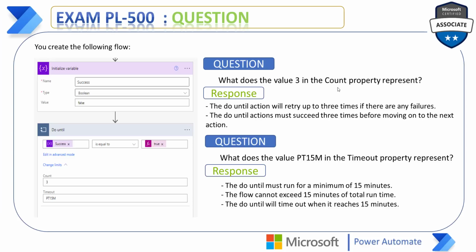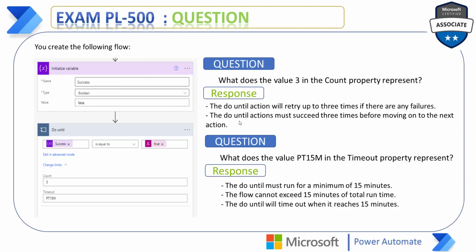Alright, let's go back to the PL-500 question once again. There you can see I have 2 questions. First question: what does the value 3 in the count property represent? There are 2 responses. The first response: the Do until action will retry up to 3 times if there are any failures.